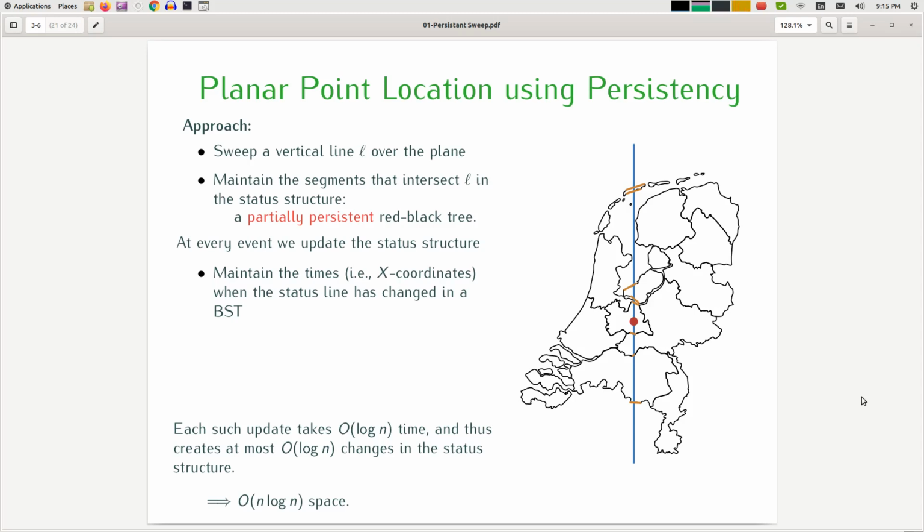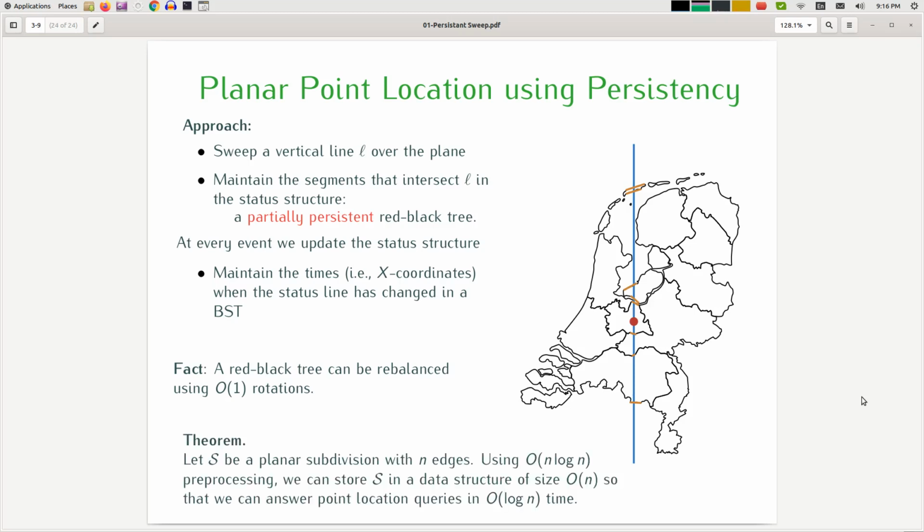But if you look at the details of the red-black tree, which I'm not going to do, you can trust me on this, the red-black tree can be rebalanced using only a constant number of rotations. This means that if you want to update a red-black tree, there are only a constant number of changes when it comes to changing the pointers and the contents of these nodes. So an insertion or deletion only changes a constant number of things. Therefore, it can be made persistent using only a constant amount of extra space. So the total amount of space would be linear.